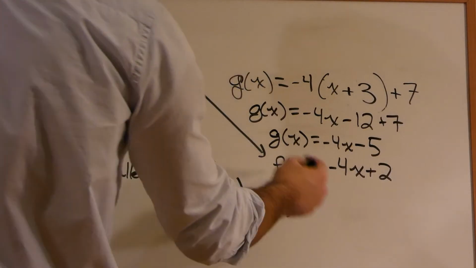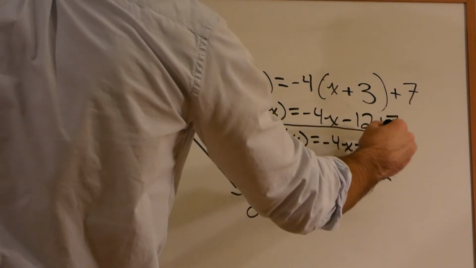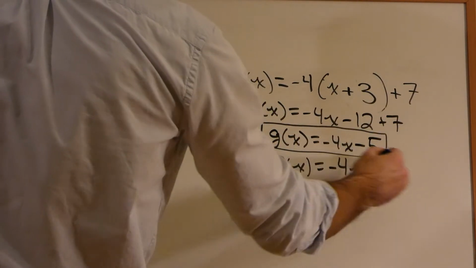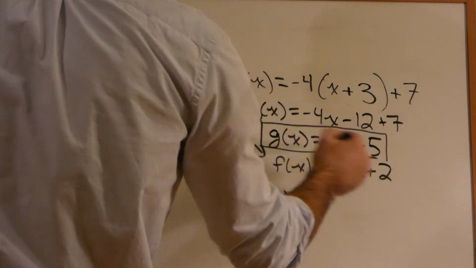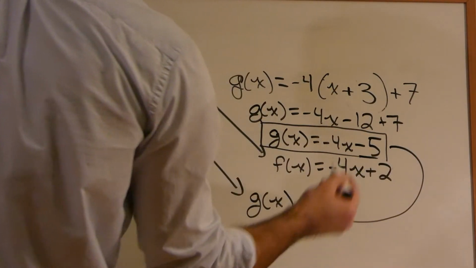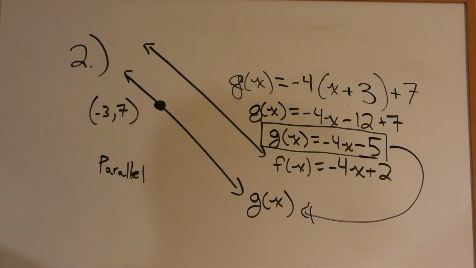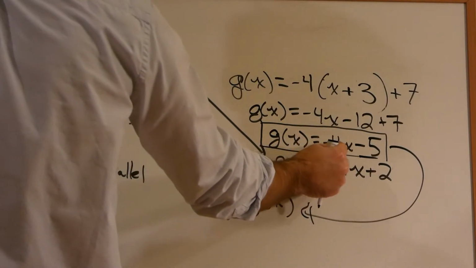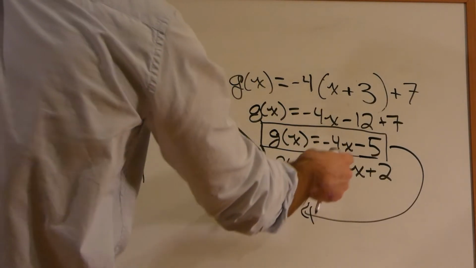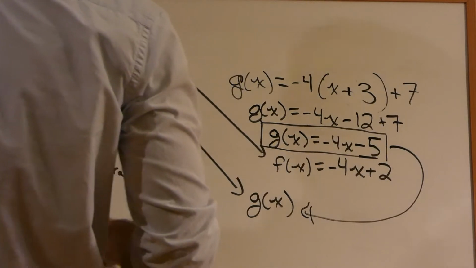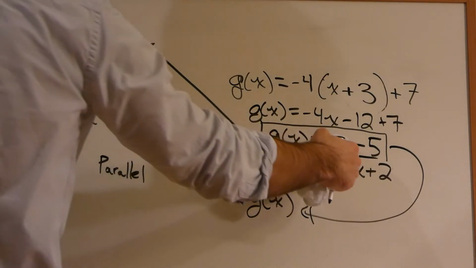So the equation of this line, g of x, our function written in function notation, would be that. Again, we see m is our slope, -4, and -5 is b, mx plus b.